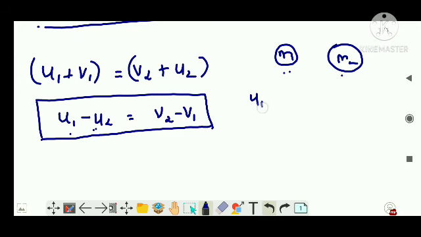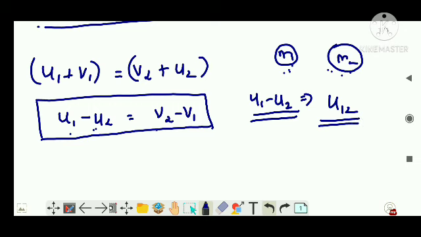That means u1 minus u2 is the relative velocity between mass m1 and m2 before collision, right? I can write it as u12, the relative velocity of mass m1 and m2 before collision.